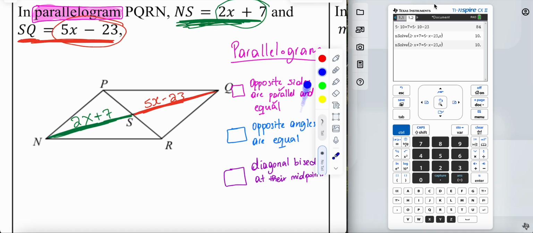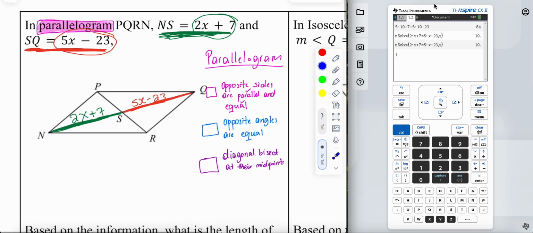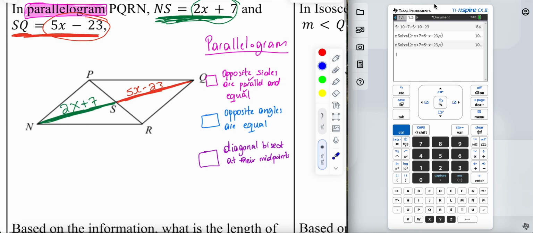So there are some properties of a parallelogram that we could use. I had written down 3. There are more, but most times these are the 3 that you need to remember when it comes to a parallelogram.